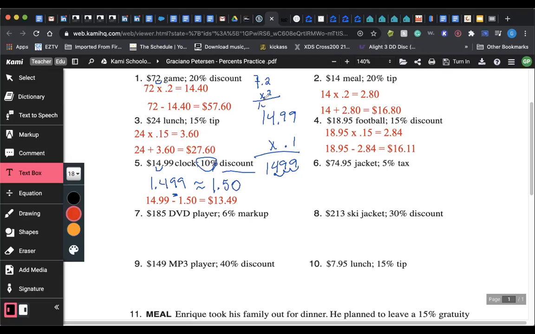And so we would get 14.4. So it's not really that much of a shortcut, but that's another way to get 20%. Move your decimal one place to the left and then multiply by 2. When you move it one place to the left, you get 10%. 20% is twice as much as 10. So that's another way to think about that discount.